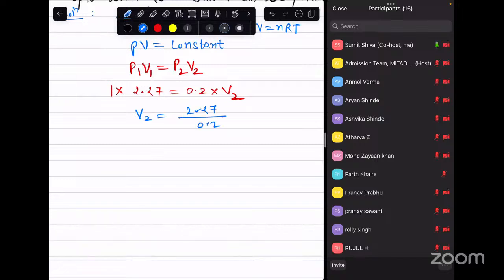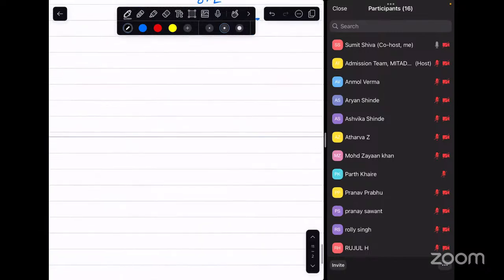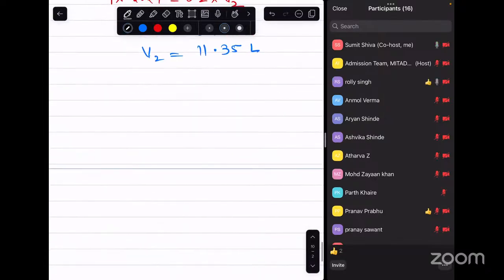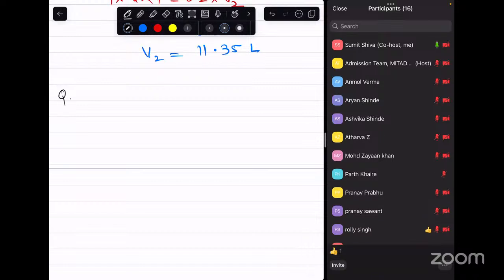If you arrange it, volume V2 will be 11.35 liters. Understood or any doubt? No, sir.